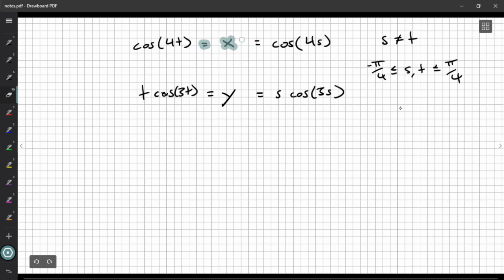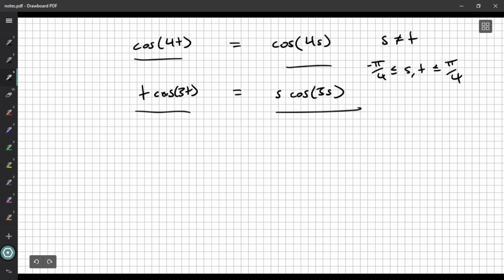Can we find t and s that are different that make these equations equal? Okay, that satisfy these equations. Because, of course, if you use the same s and the same t, since we're really looking at the same equations, you'd get satisfaction there. You'd get true statements.